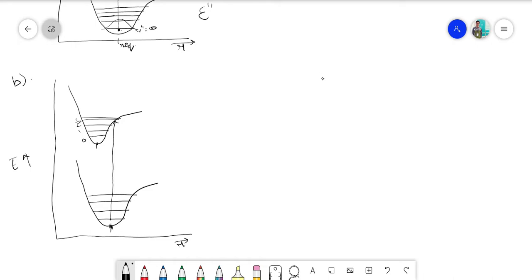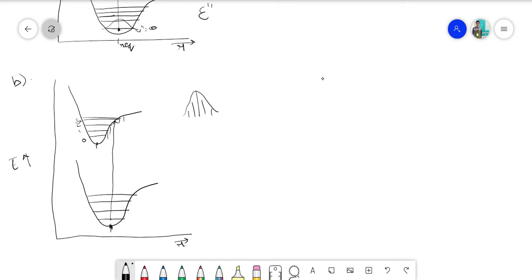Now quantum mechanically, the probability of transitions occurring to here, here, even to higher excited states is also there. So you will not get only one peak. What you get is something like this, and this is what a band is.